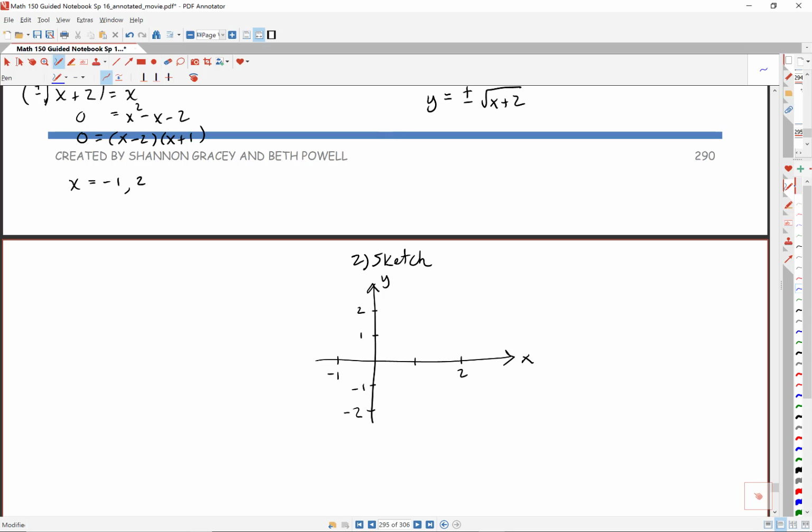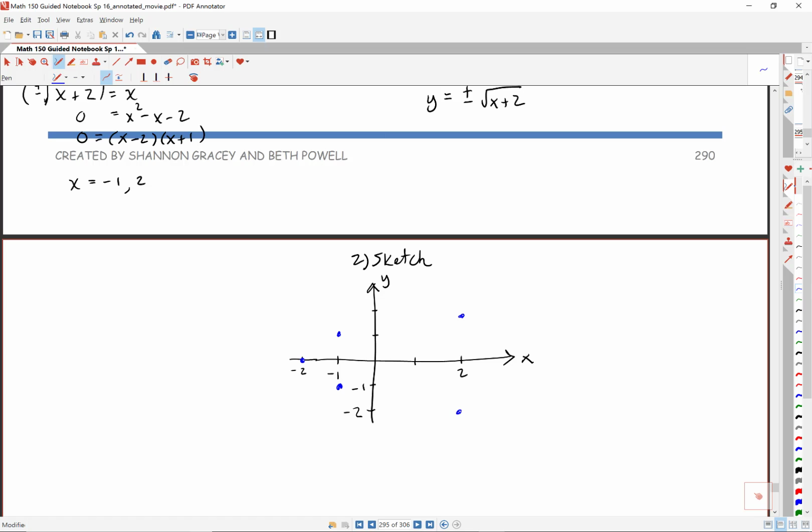When I plug in negative 1, I'll get an output of plus or minus 1. So I'll have negative 1, 1. And when we input 2, we'll get an output of plus or minus 2. And let's check out what happens when we input negative 2. Good, we'll have an output of 0.